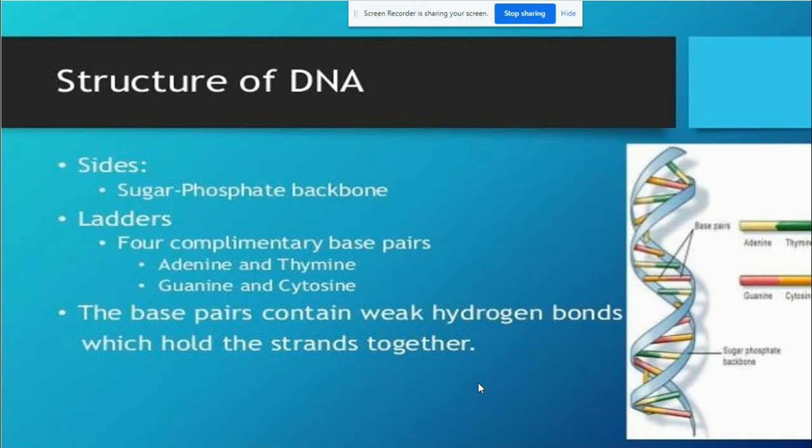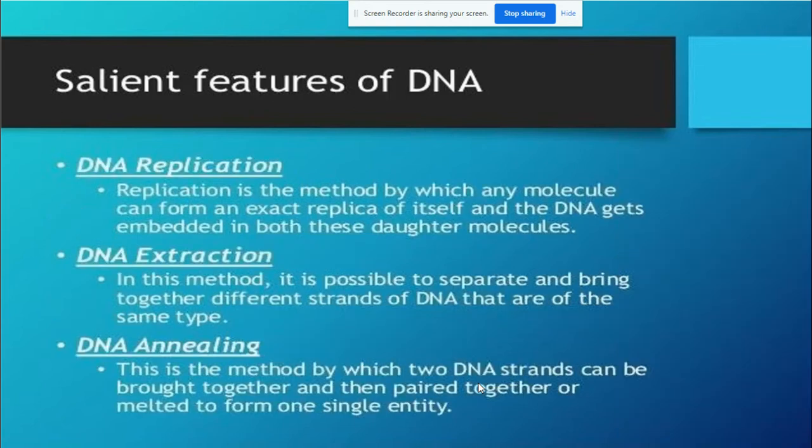Let's move forward to the next slide and see what the salient features of a DNA are. If we speak of the salient features of a DNA, firstly there comes to mind DNA replication. Replication is, in simpler words, like cloning.